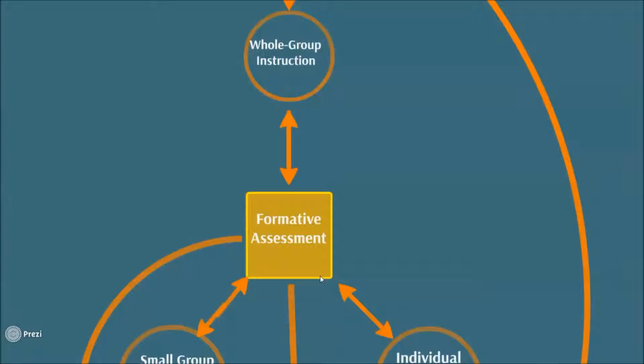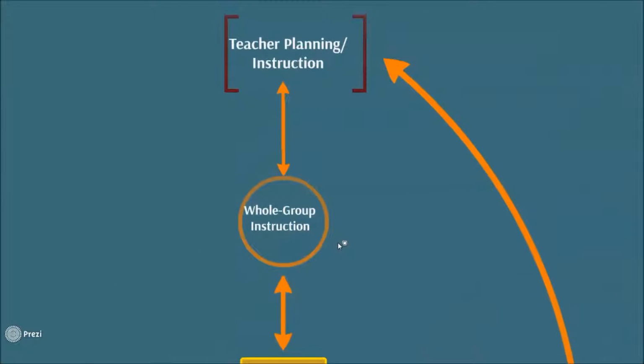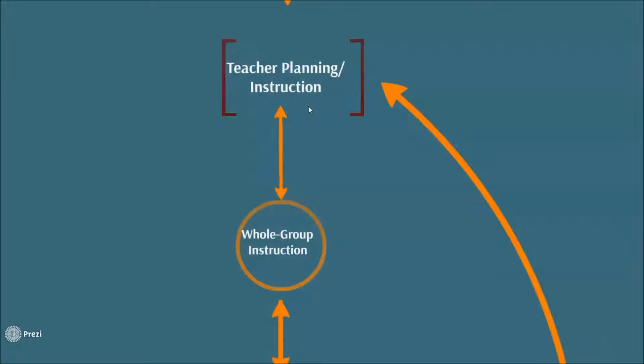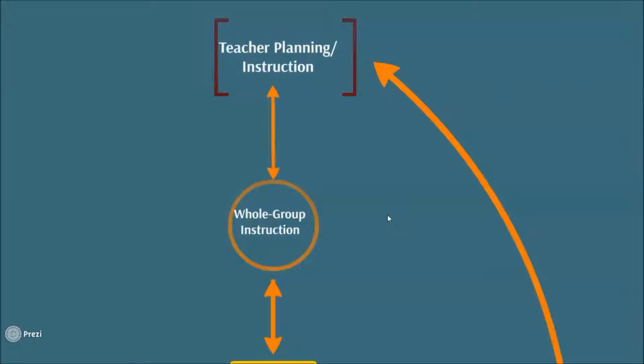And so sometimes I need to go back to whole group instruction and reteach so that they get that standard that I'm focusing on, which is the other reason why I have a two-way arrow between whole group instruction and teacher planning and instruction, because based off that formative assessment, I might have to replan a whole other whole group instruction. And so these are very fluid between each other.